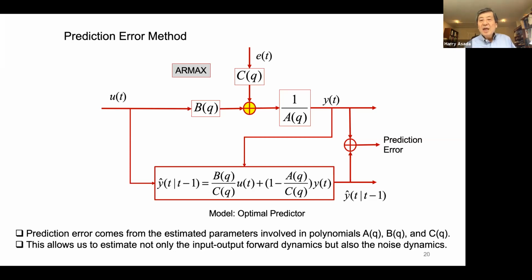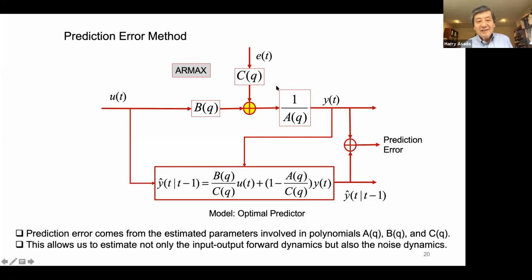All the rest is due to the mismatch of the parameter values. If this model is correct, then any error beyond white noise is due to parameter mismatch. So with this, we should be able to find the best values for A and B and C. Now, an interesting point is that this also includes the C, which comes from the noise channel. So what is the benefit you can enjoy?